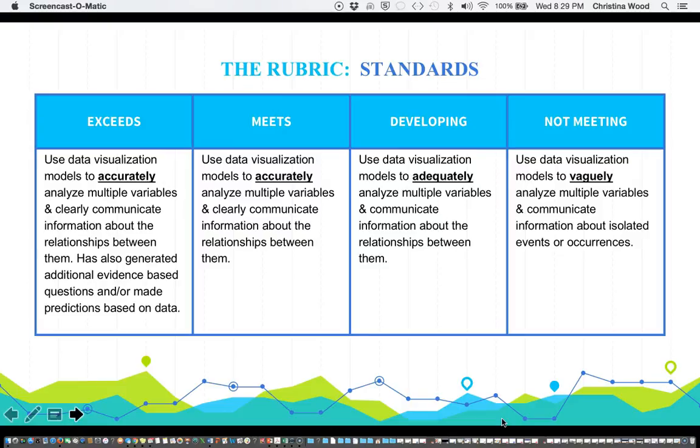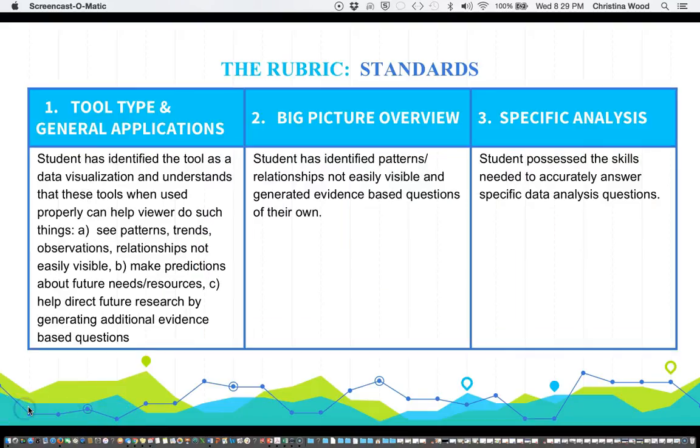Now, in order to determine where exactly you fit into these four categories, we looked at three different things. The first section dealt with, could you identify the tool type and provide us with some sort of general applications? What could be accomplished by using this tool?